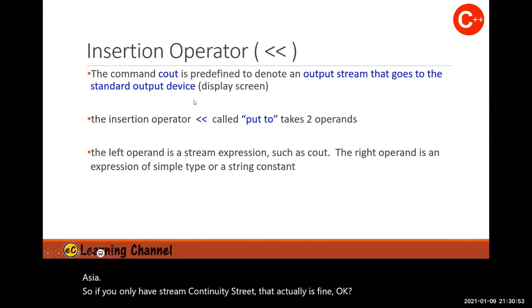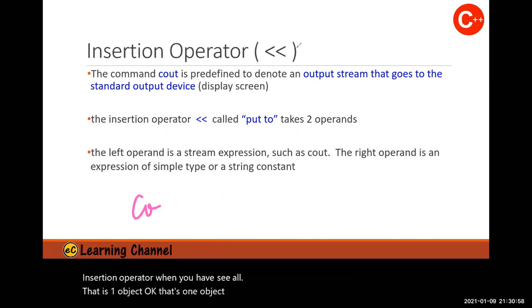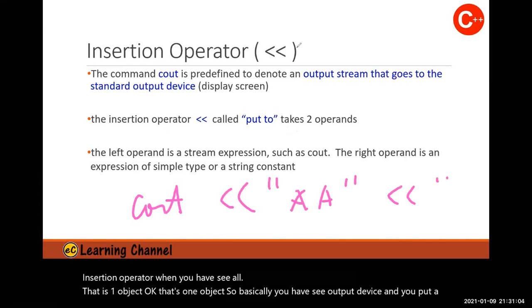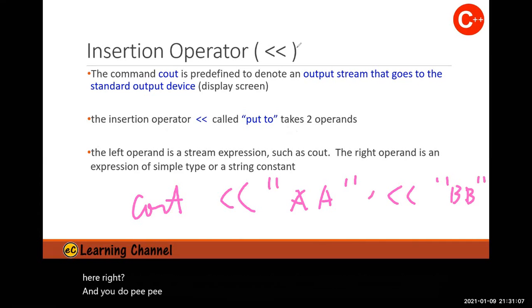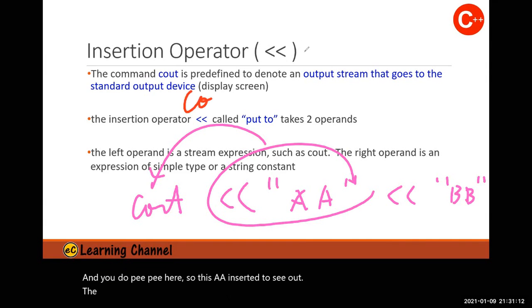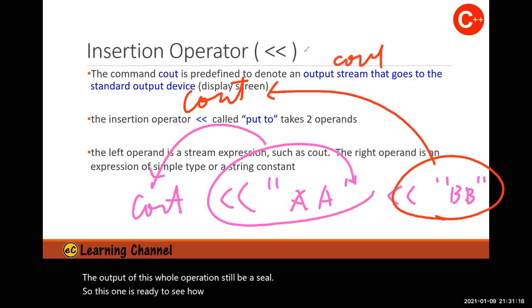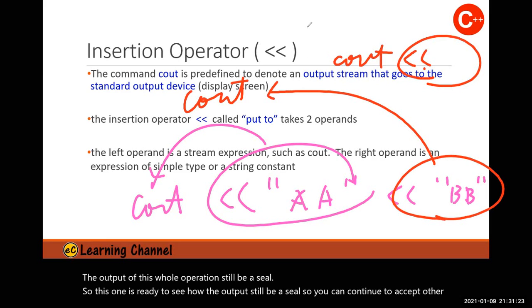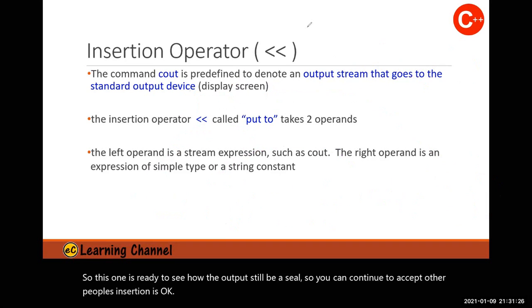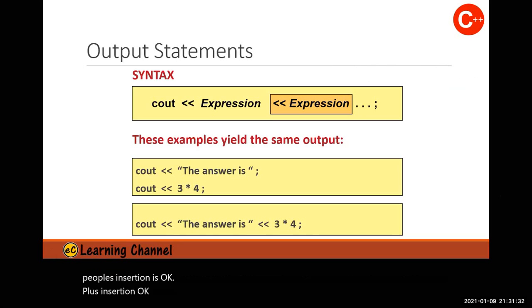Insertion operator: when you have cout, that is one object, an output device, and you put AA here and BB here. So this AA is inserted to cout, and the output of this whole operation is still a cout. So you can continue to accept other insertions. As insertion, you can insert multiple values into it.